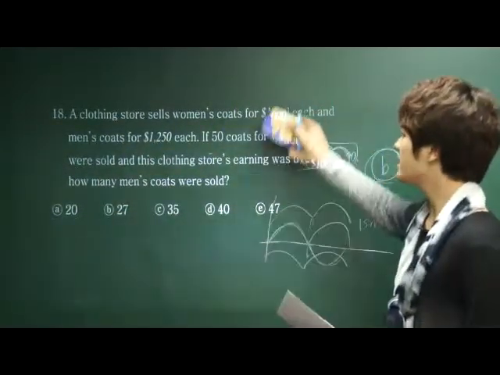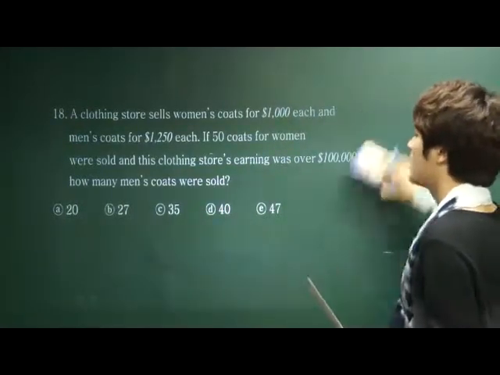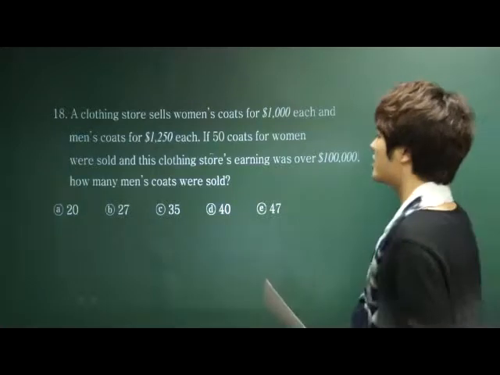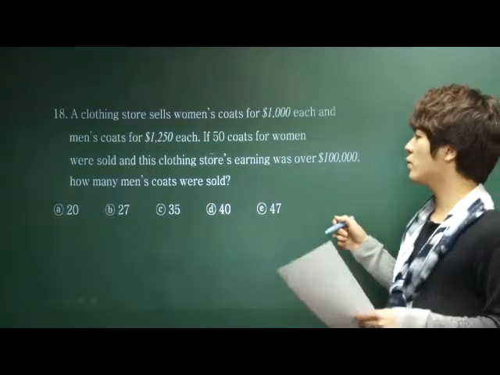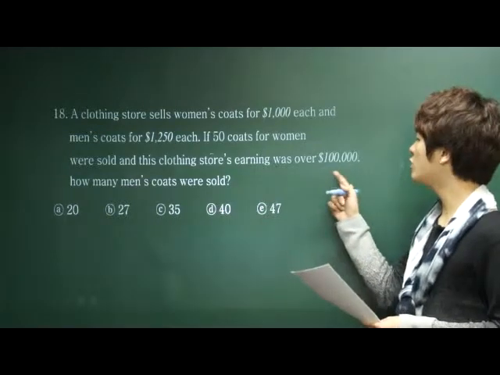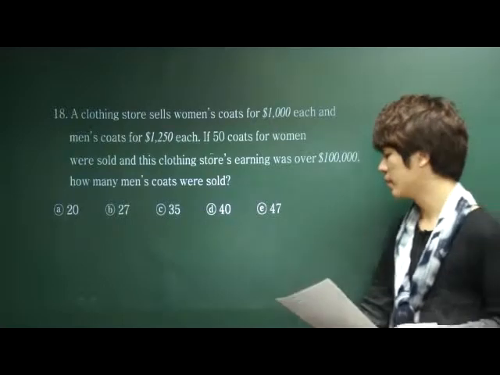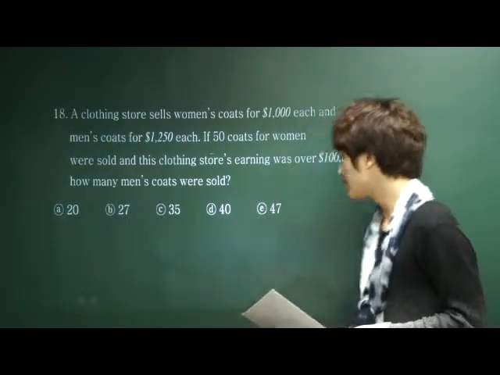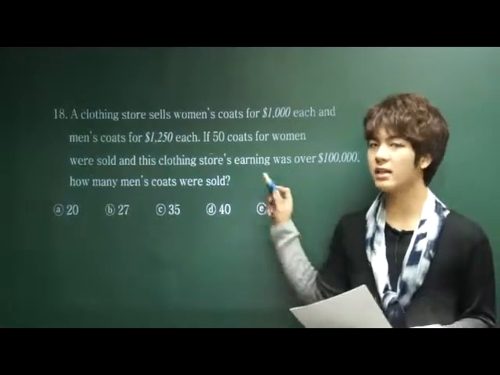A clothing store sells women's coats for $4,000 each, and men's coats for $1,250 each. Okay, if 50 coats for women were sold, and this clothing store's earnings were over $100,000, how many men's coats were sold? For this kind of problem, it is extremely important to set up the equation.